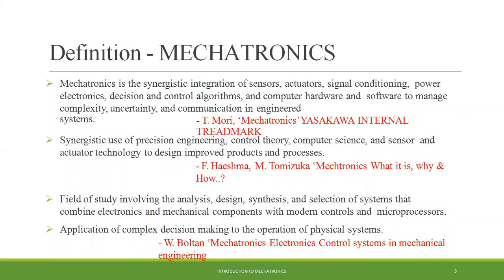And most probably this mechatronics, a complex decision-making system, will be merged to activate and process the actions in a simple format. And that is a major advantage of mechatronics.